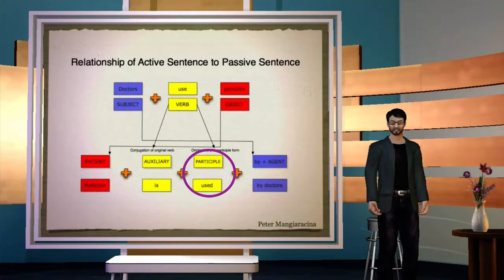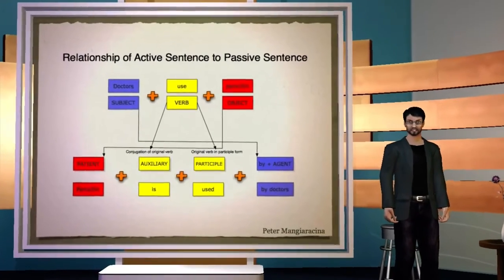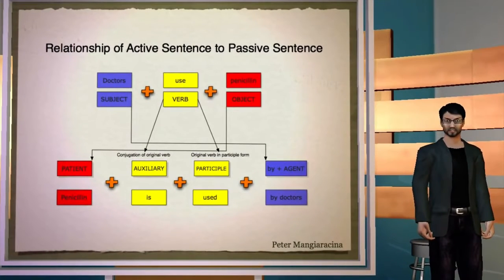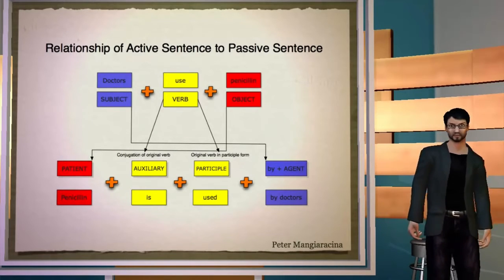In our case, use becomes is used because use is in the present tense and the present third person form of to be is is. The original subject, doctors, becomes the agent. It goes at the end of the sentence preceded with the word by. And thus, the active sentence, doctors use penicillin, becomes the passive sentence, penicillin is used by doctors.